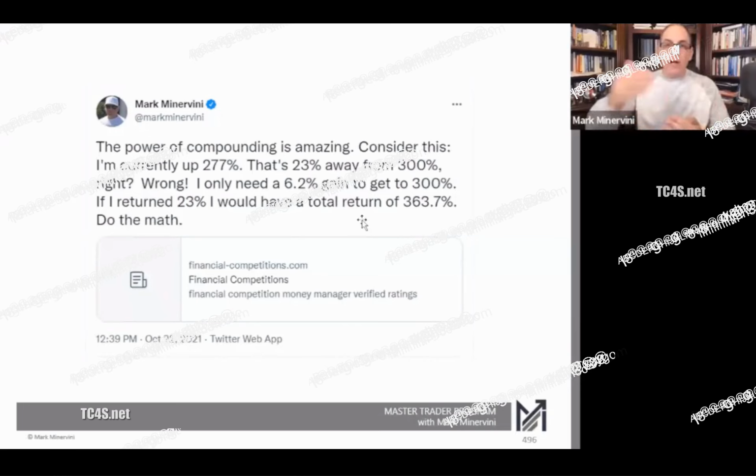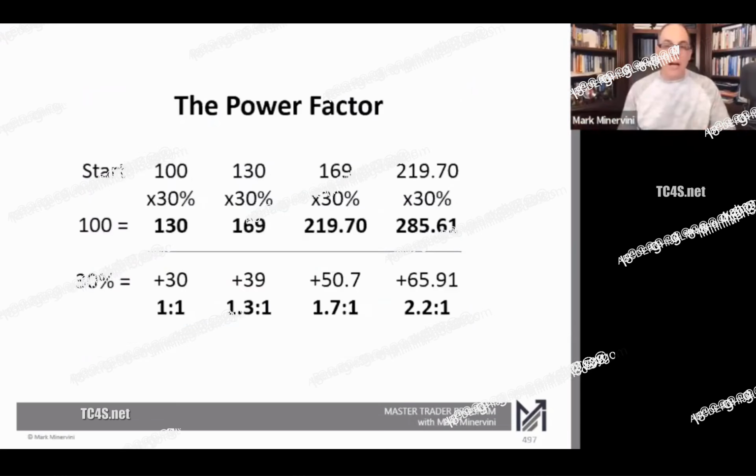So once you get up, the more you get up, the easier it is to get up more, right? Because you're compounding, but it also works on the downside. But let's look at the upside. Let's look at the power factor. So you start with $100, a basis of $100,000, whatever you want to call it, and you make 30%. So you make $30,000.